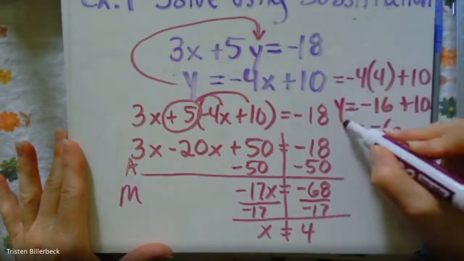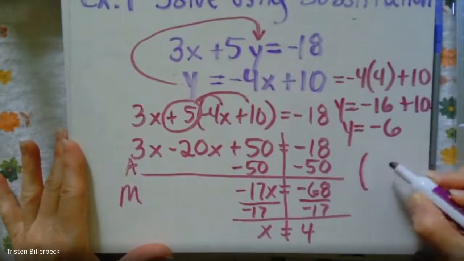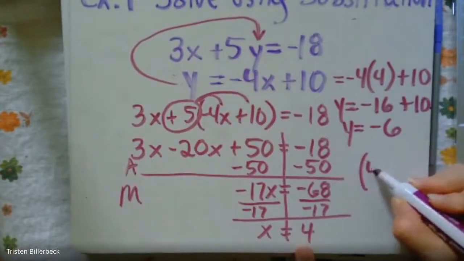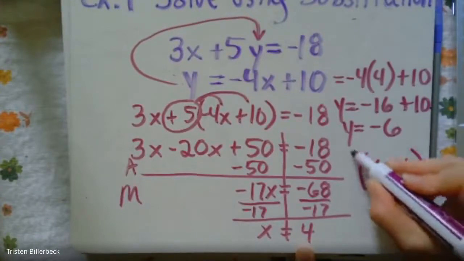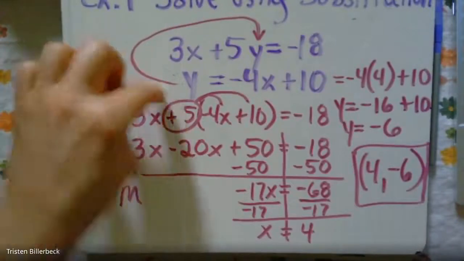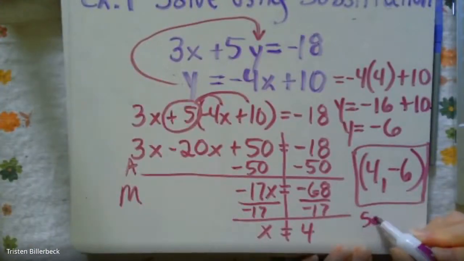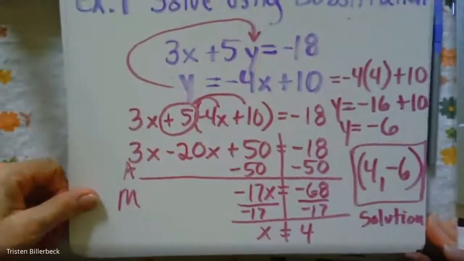So I have y equals negative 6. So again, I always put the x value first, which is 4, and the negative 6 here. This is the intersection of these two lines, which is the solution. The point of intersection of the two lines is the solution.